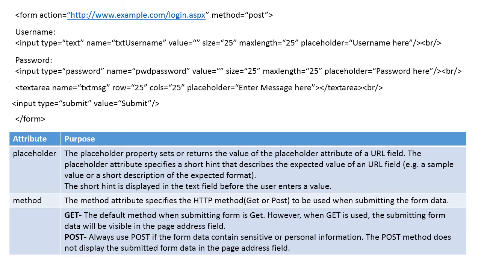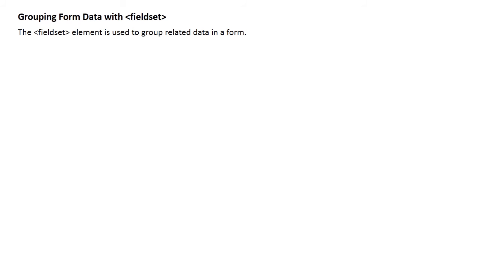However, when GET is used, the submitted form data will be visible in the page address field, which is not advisable for forms with sensitive material. We have POST. Always use POST if the form data contains sensitive or personal information. The POST method does not display the submitted form data in the page address field.